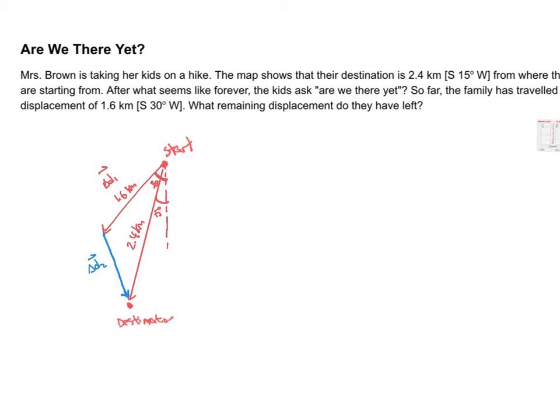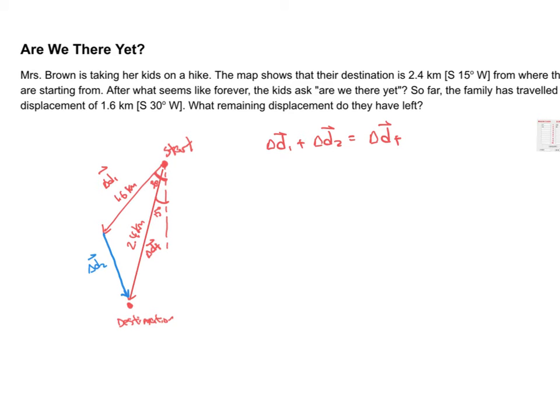Those two displacements added together have to equal the total displacement, which I'll label as delta dt. So if I start writing out some equations here, I'll say that the first displacement plus the second displacement will equal the total displacement.